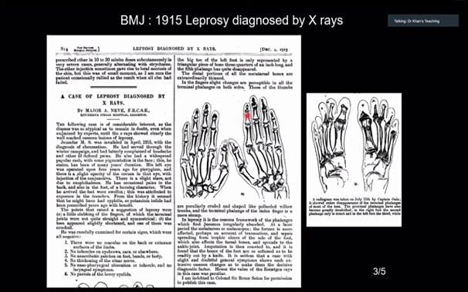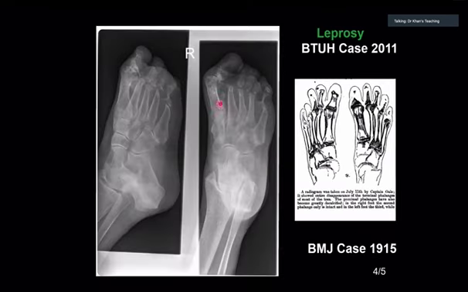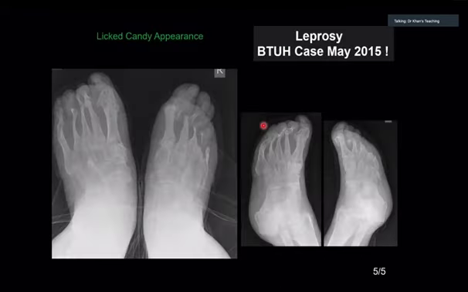We have seen 2 cases of leprosy. So these are historic. That doesn't mean that this was an active disease, but this appearance of leprosy you have to remember.